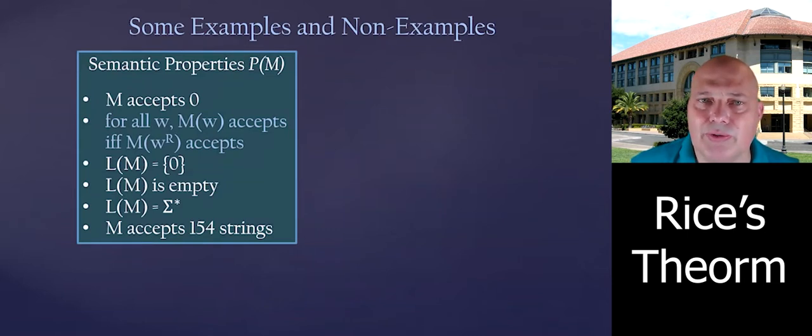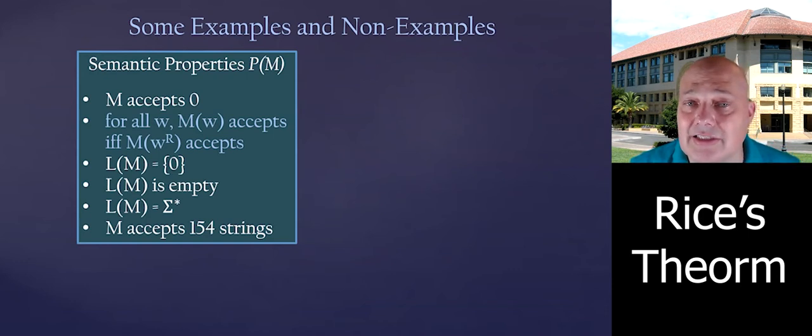Examples of semantic properties P of M: M accepts 0; for all W, M accepts W if and only if M accepts W reverse, which is the language we talked about before; the language of M is exactly the string 0; the language of M is empty; the language of M is everything; M accepts 154 strings, meaning that the size of the language of M is 154.